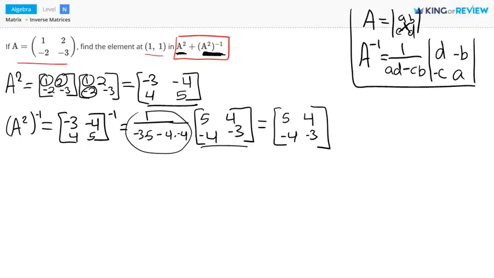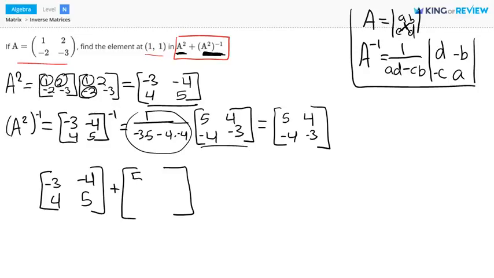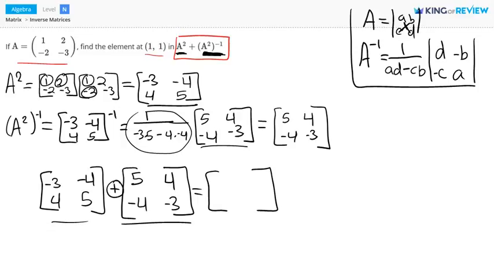So now we have A squared, which is negative 3, negative 4, 4, and 5, and we're adding this to the inverse of A squared, which is 5, 4, negative 4, and negative 3. Now both of these are 2 by 2 matrices, therefore we can add them together.